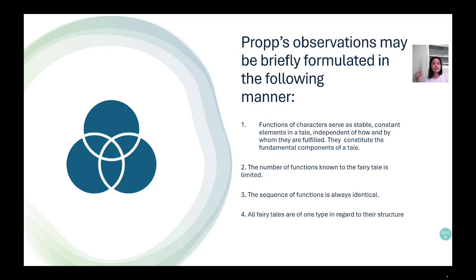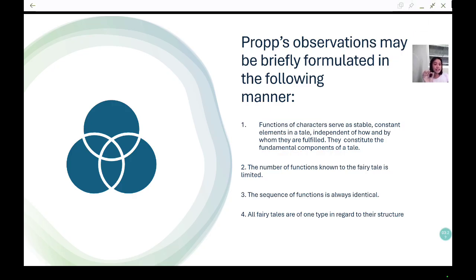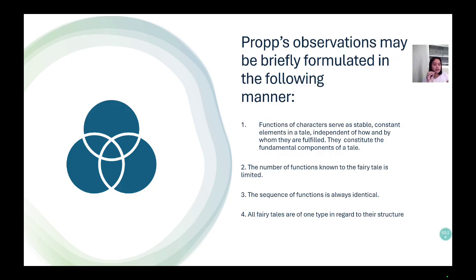Third, the sequence of functions is always identical. Propp found that these functions occur in a consistent sequence within the narrative. While not every function appears in every tale, when they do, they follow the same order, contributing to a universal narrative structure.